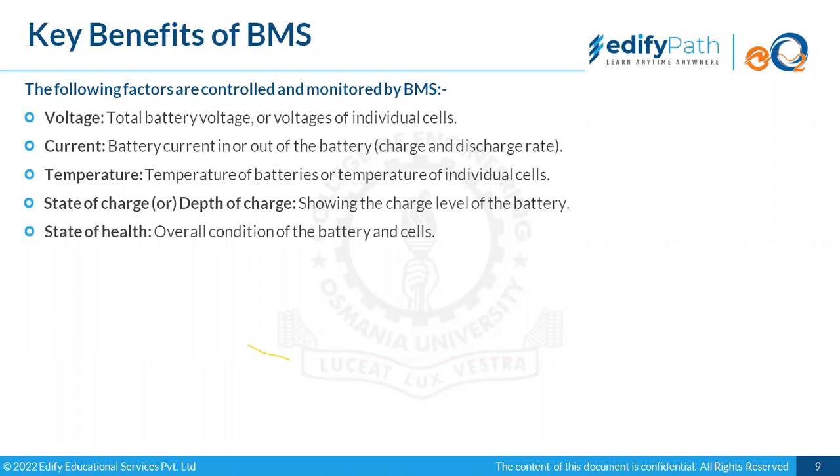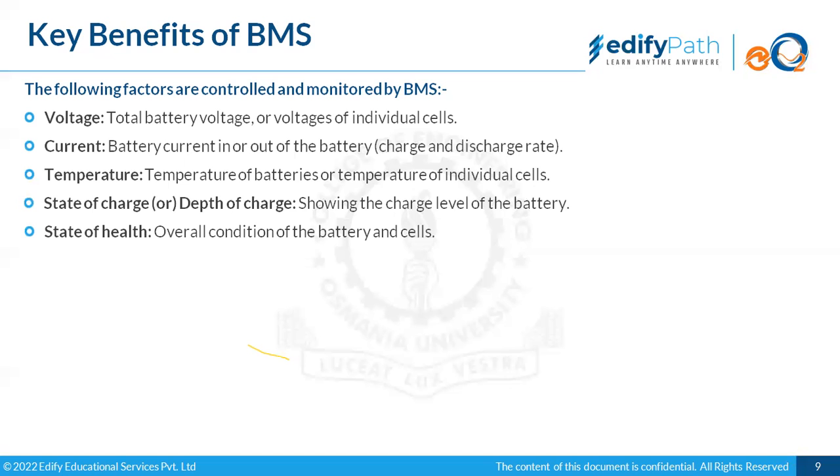Current: as we said, every battery or every cell has a C rating. If continuous current is flowing above the C rating, it would disconnect the battery. It won't allow the battery to discharge further at that rate, because it would sense this as an abnormality or an extreme condition, and it would disconnect the battery for the safety of the battery.